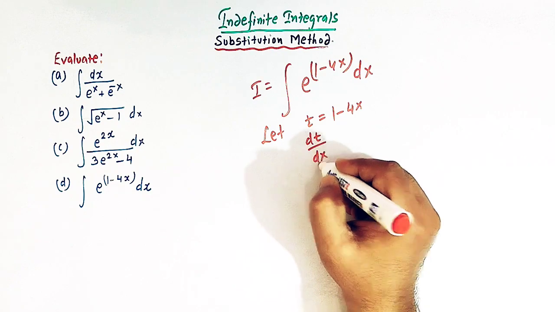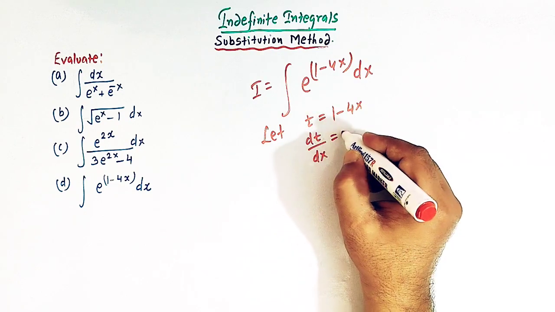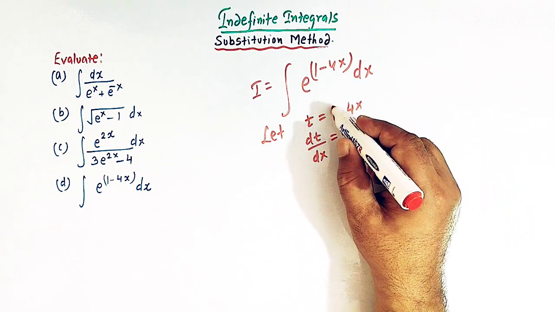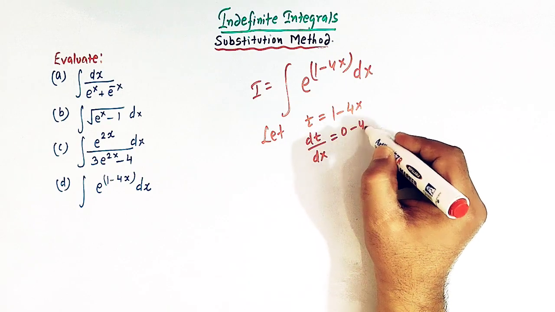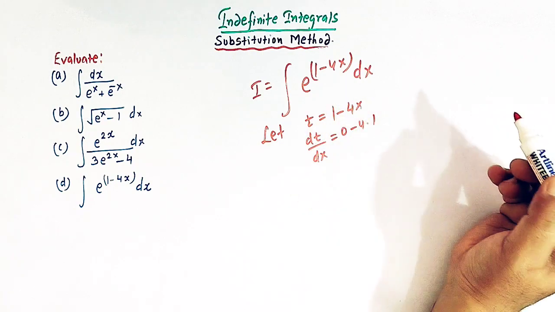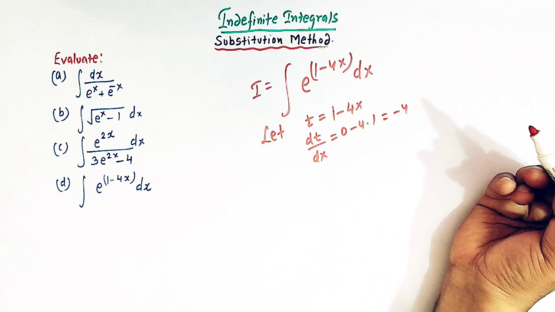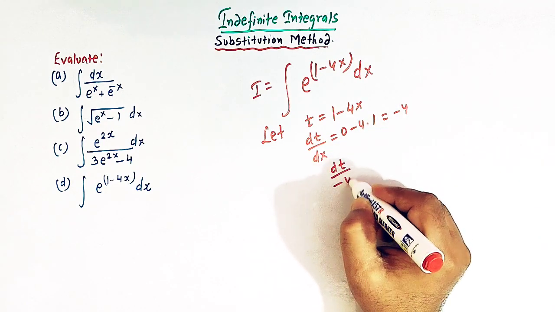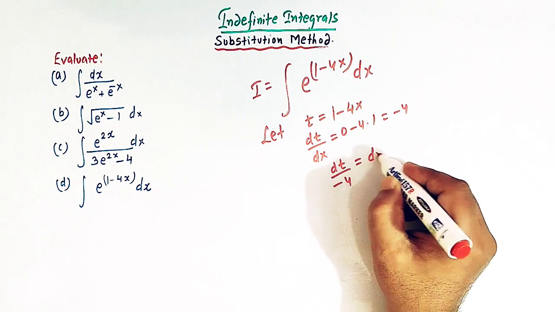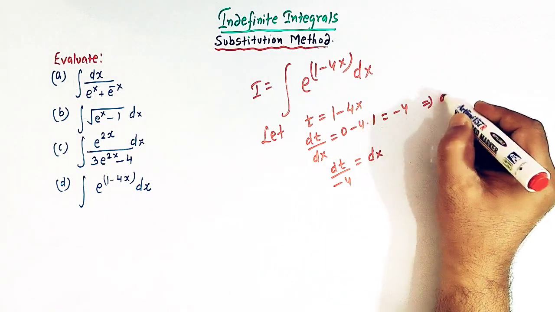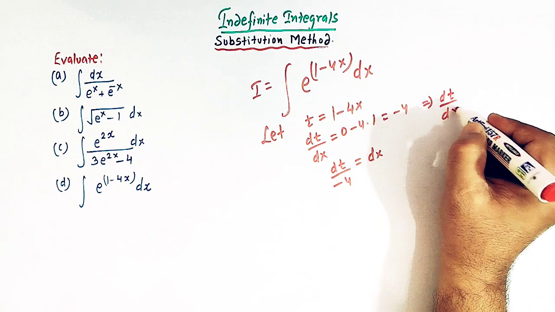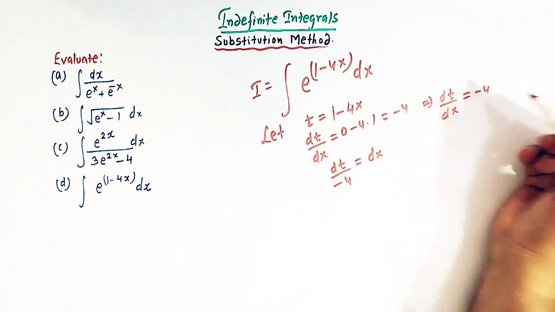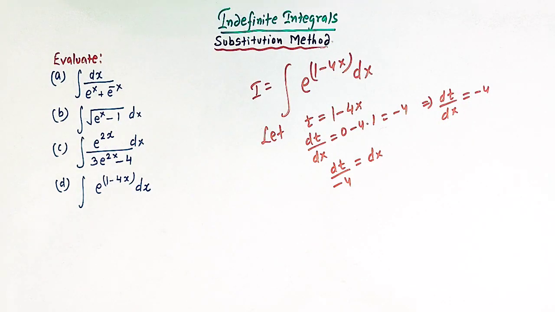So we have dt over dx, and here the derivative of 1 is 0, 1 being a constant, and the derivative of x is 1. So this is minus 4 simply. So dt over minus 4 is equal to dx, because dt over dx is equal to minus 4.